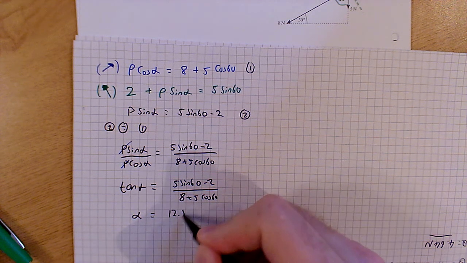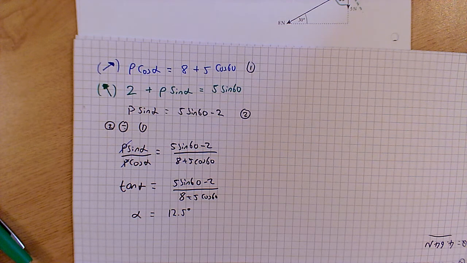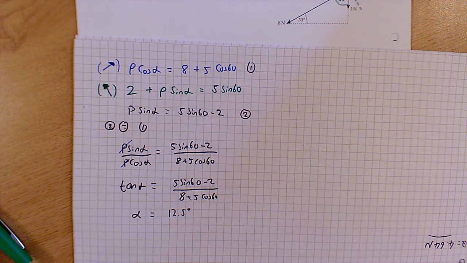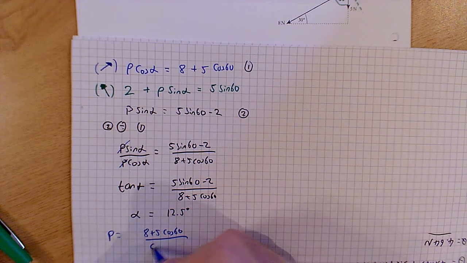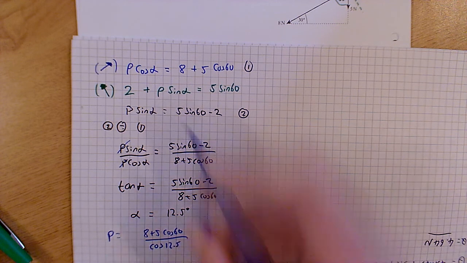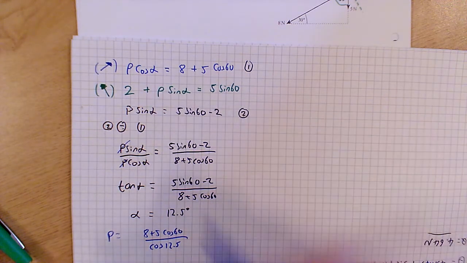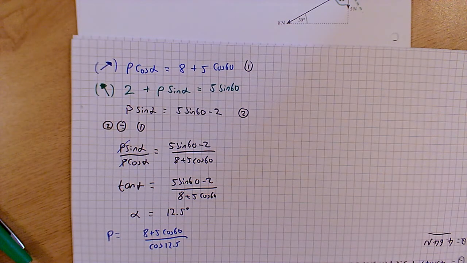And this is 12.5 degrees to 3 significant figures. Then I just have to find out what P is, and to find P I'm going to substitute that in to one of these expressions. So let's pick the first one, right, and we're going to have that P is equal to 8 plus 5 cos 60 all divided by cos 12.5, right, just by dividing the top one by cos alpha and replacing alpha by 12.5.